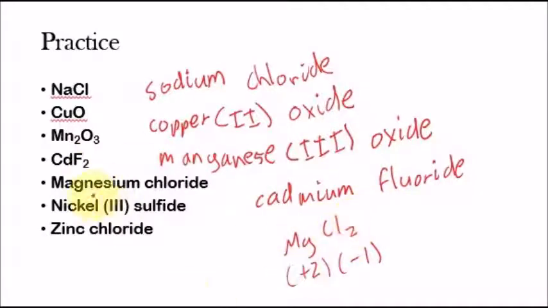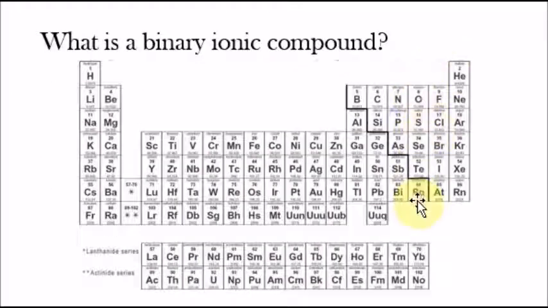Let's look here. Nickel 3 sulfide. So we know that our nickel here, I'm going to write this in a different color, has a +3 charge, and our sulfide, since sulfide is sulfur, it's in this row right here, which means it has a -2 charge.